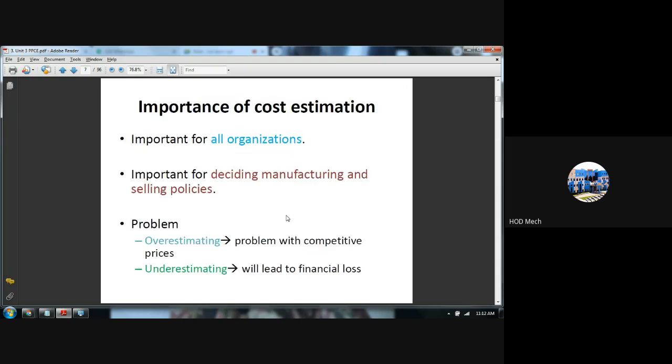Now coming to the importance of cost estimation. This importance of cost estimation is very much there for every type of organization. It is not only for organizations; cost estimation is important for you also. For every household it is required.